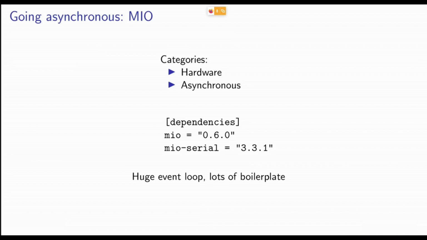We will find the mio-serial library that operates on Mio, which is, I think, an abbreviation of Metal IO. Basically, it's a huge event loop with lots of boilerplate, but it's absolutely zero cost, not multi-threaded, I think.